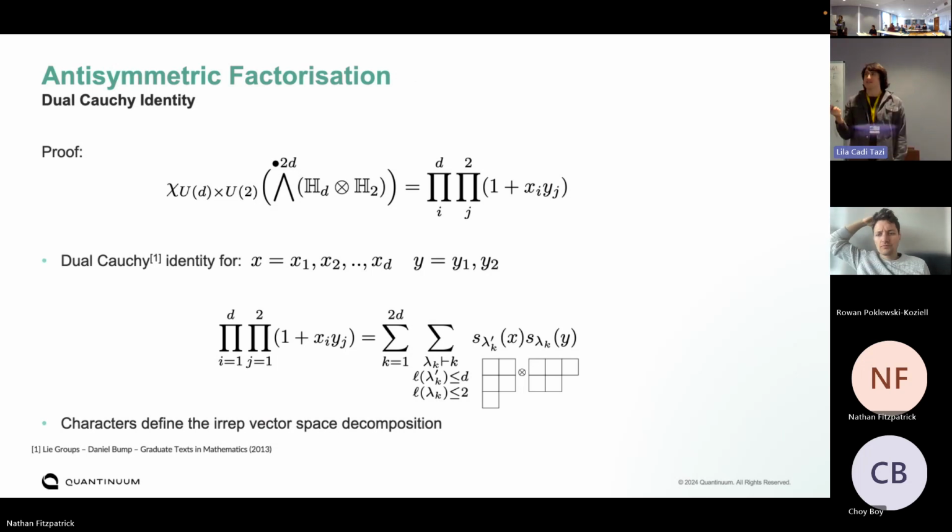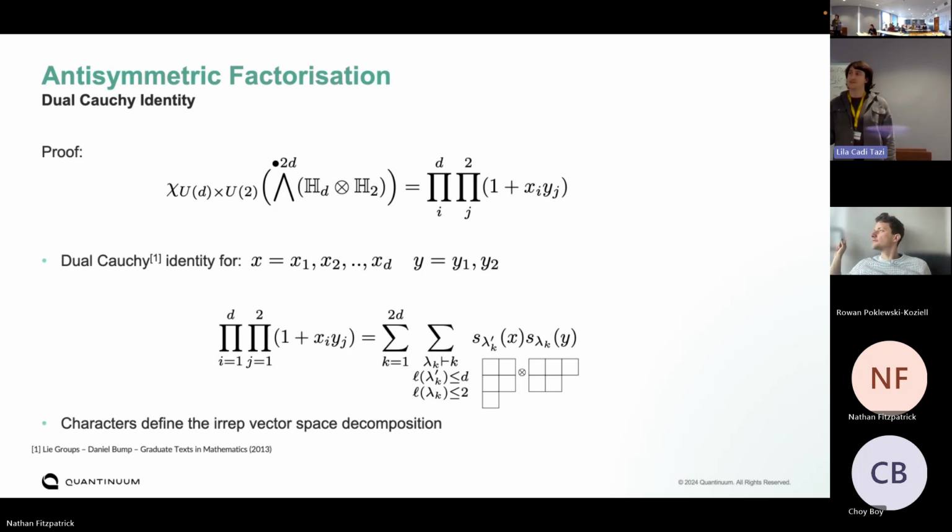This is a very famous identity known as the Dual Cauchy identity in symmetric polynomials. So when you get a polynomial in this form, it has a very famous decomposition into this product of two conjugate Schur polynomials, where you can't have more than 2 rows on this side and more than d rows on this side. And this is the character.